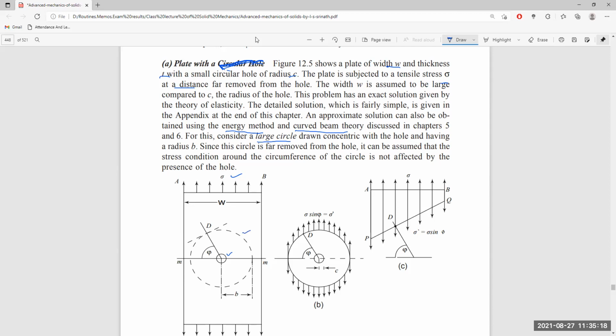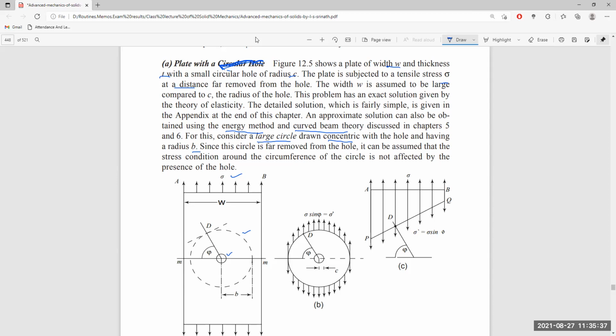Initially, the actual hole is this comparatively small one. But to begin with, we consider a large hole, drawn concentric with the small hole, meaning the same center, exactly at the center of the thickness of the plate, and having a radius small b.